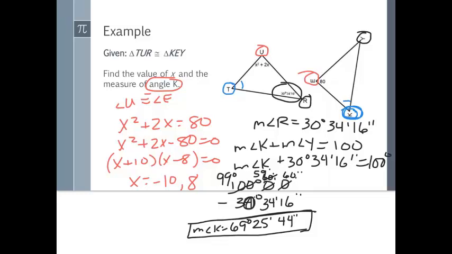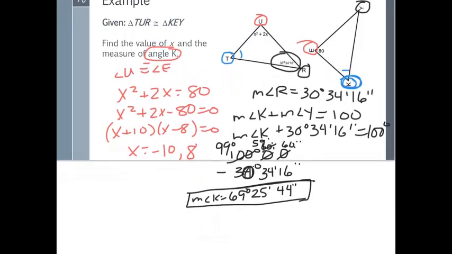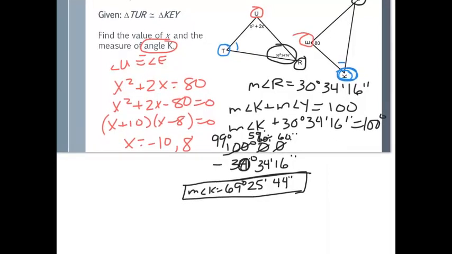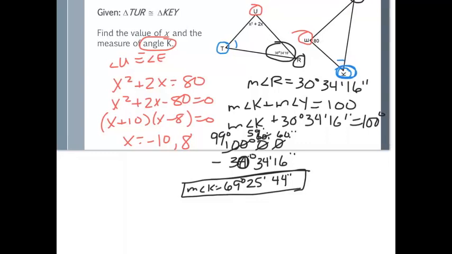Okay, and I could actually extend this problem even a little further. Let's say I tell you that the measure of UT is 3y plus 2, and I tell you further that EK, again, naming them in corresponding parts, right?